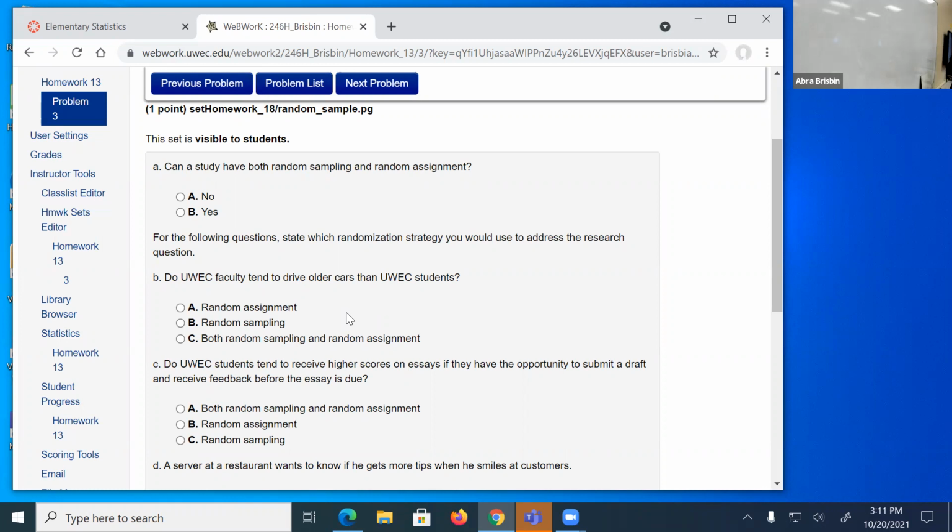So we're trying to investigate whether UWEC faculty drive older cars than UWEC students. And the observational units are going to be, what are we going to write down as one row of data as we're gathering the data before we summarize it? So probably each row is either going to be one person or one car.